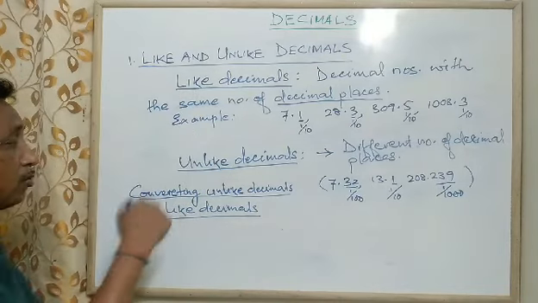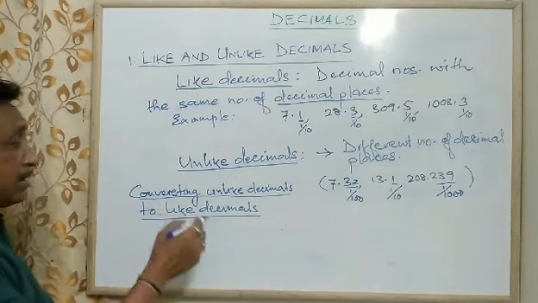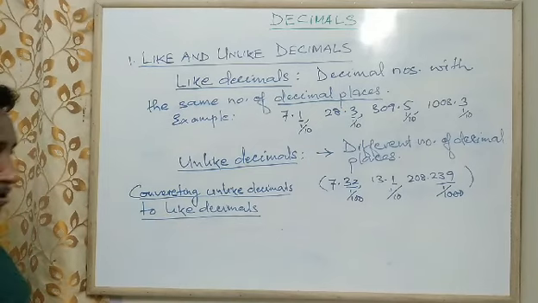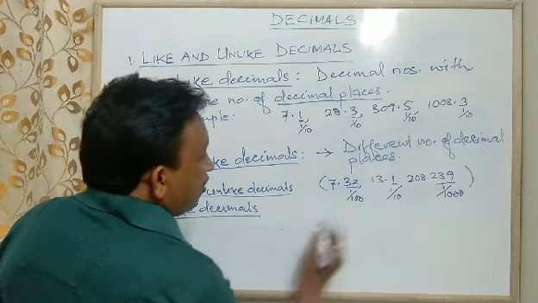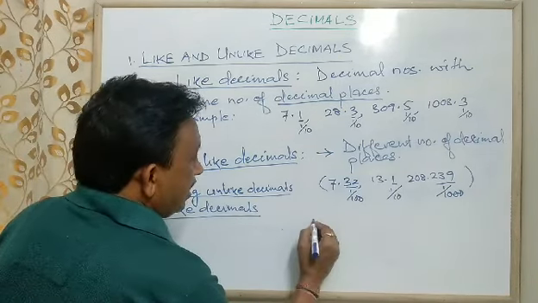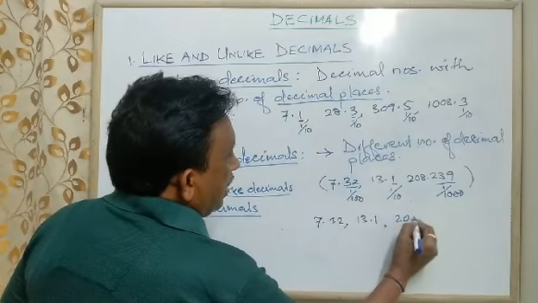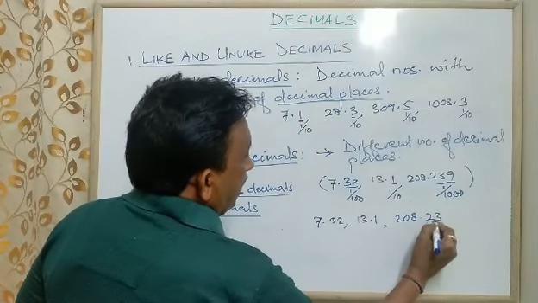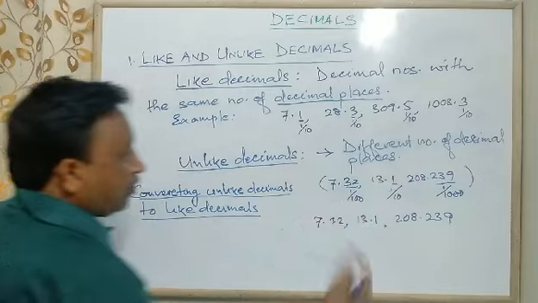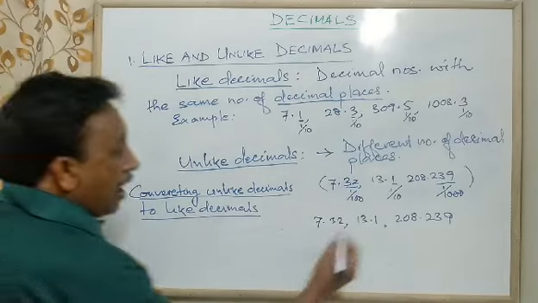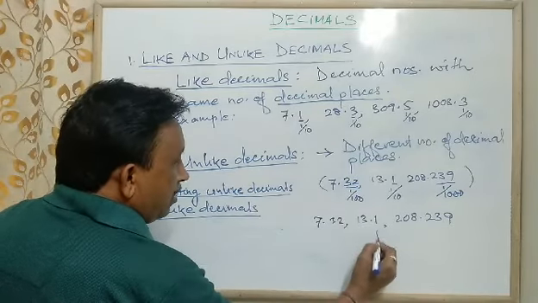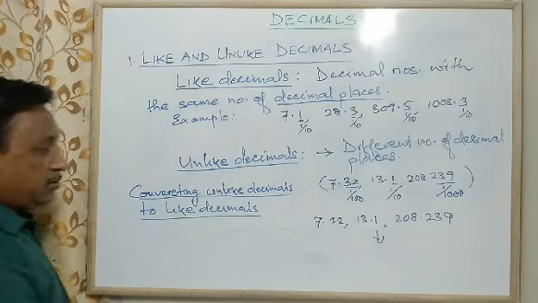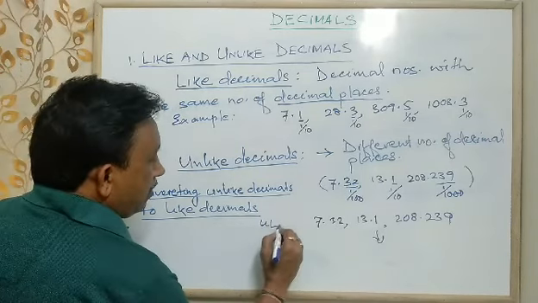Now next is, how do we convert unlike decimals to like decimals? Let's take the same thing, 7.32, 13.1, and the next one is 208.239. This is a set of unlike decimals.